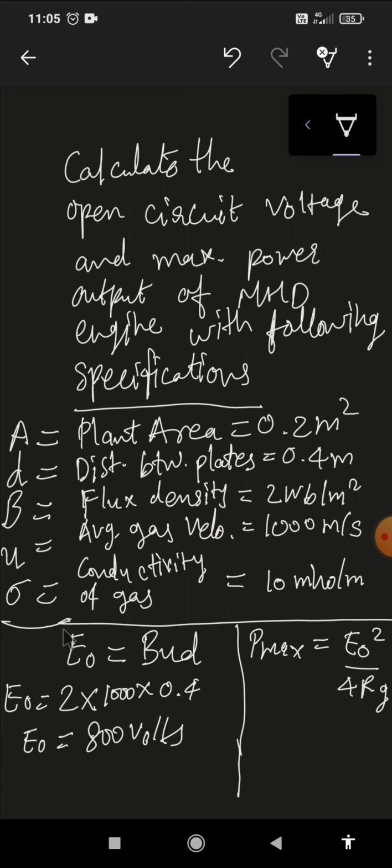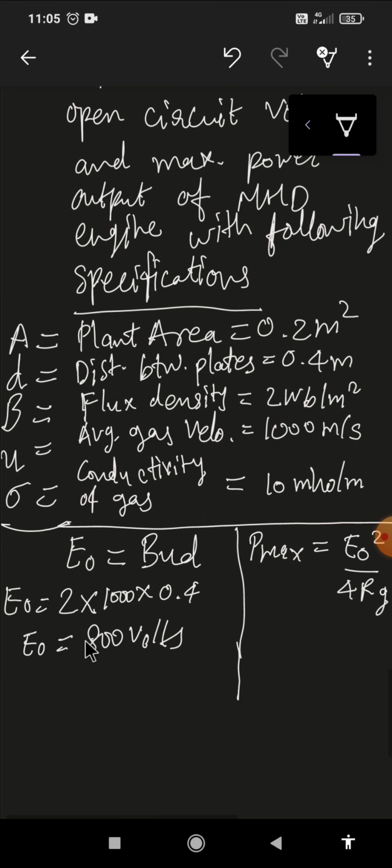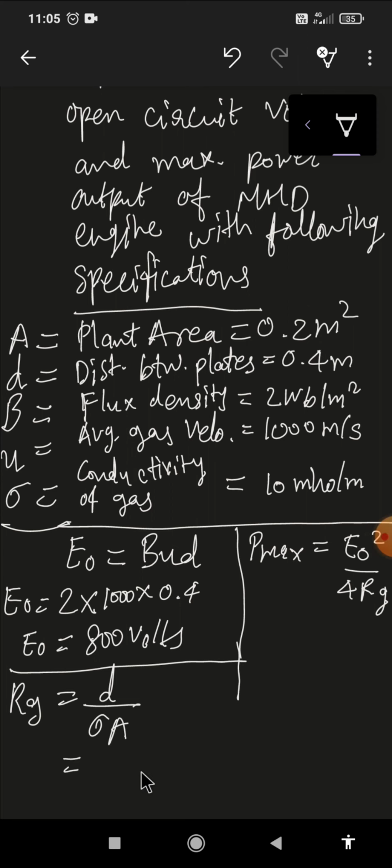So what will we do? The formula for finding Rg is Rg equal to d, small d, upon sigma A. So the distance between the plates, that is 0.4, divided by sigma A. Sigma is 10 mho per meter into A, area, which is 0.2.